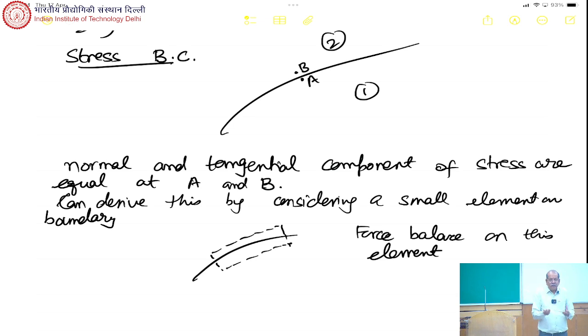The force balance will tell us sum of forces is equal to mass times acceleration. But then, because mass is a volume term and the other terms on the boundary will contain area, in the limit that the extent of this becomes very thin, the volume terms go away. So irrespective of acceleration, the components of forces, and that leads to stresses, will be equal on both sides.